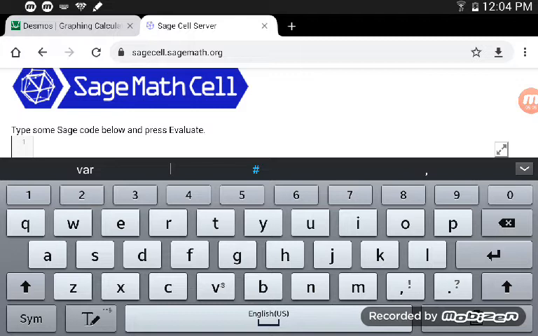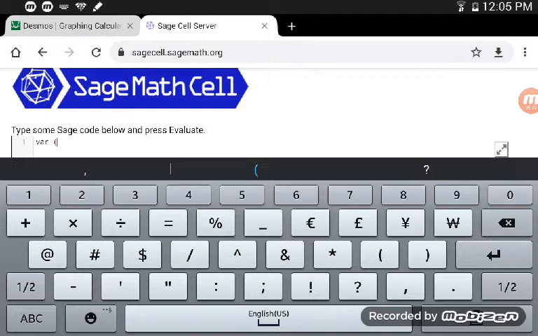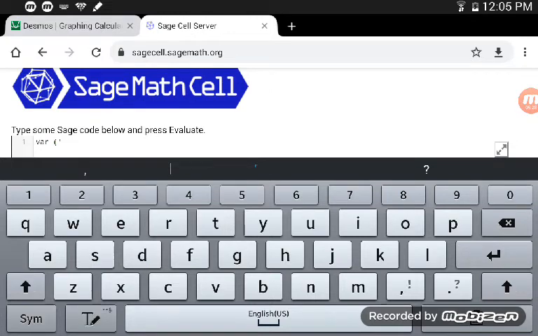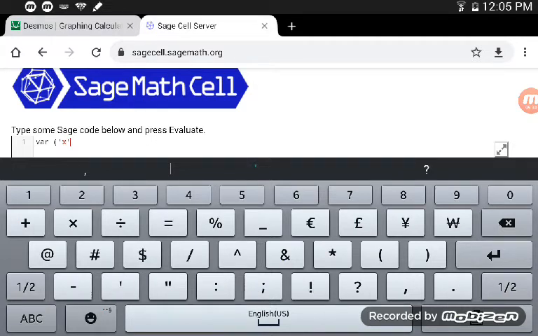So I'm going to declare a symbolic variable by saying var, and I need to go to symbols here, open parenthesis, I need a single quote, and I'll say x, so I need to come back here to x, and go back to a single quote and a close parenthesis, and then hit enter.